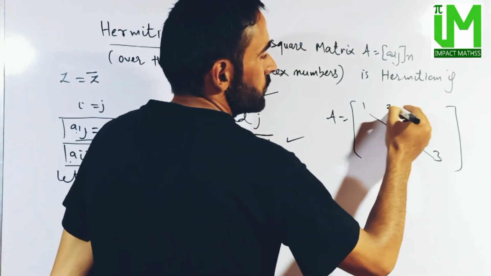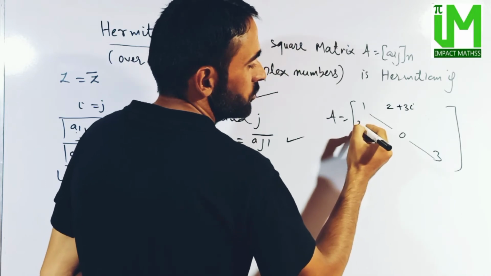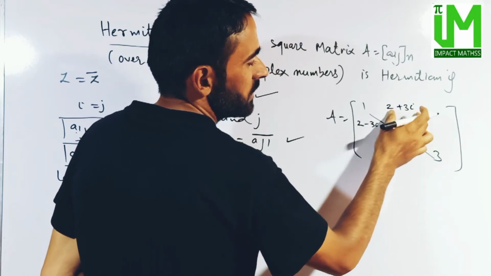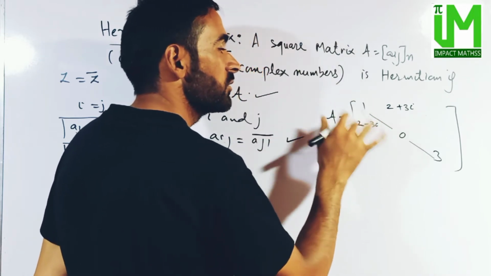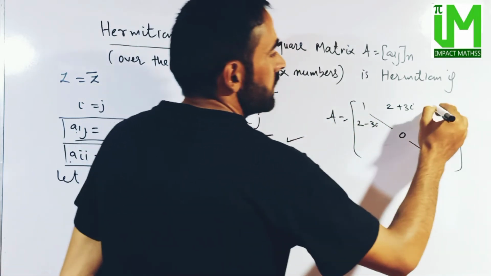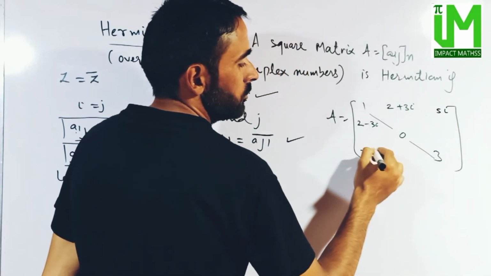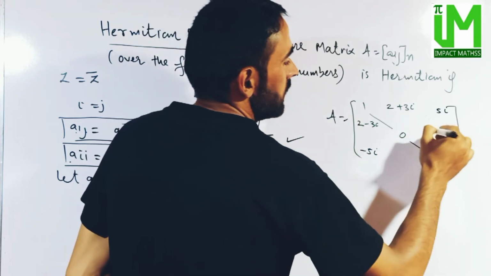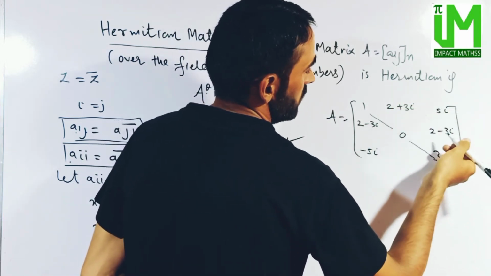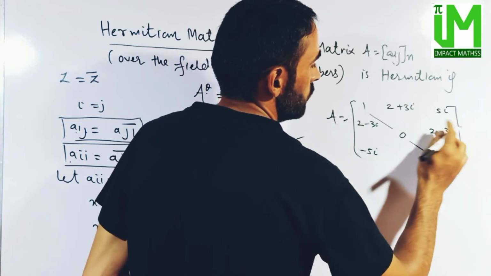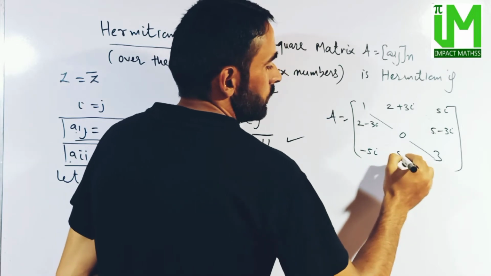Say if we have 2 plus 3i, अब यहाँ जो एंट्री होगी वो होगी 2 minus 3i, क्योंकि ये एंट्री और ये एंट्री आपस में कंजुगेट कॉम्प्लेक्स हैं. यहाँ पे अगर 5 iota लें, इसका कंजुगेट होगा minus 5 iota. And then if we take 2 plus 3 iota, already एक एंट्री हुई. So if we take 5 minus 3 iota, then यहाँ पे इसका कंजुगेट होगा 5 plus 3 iota.